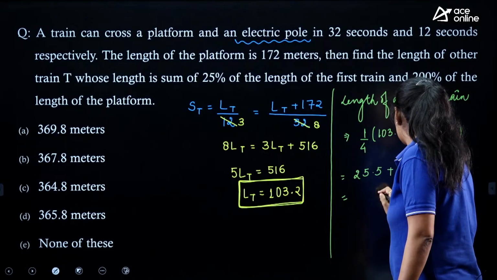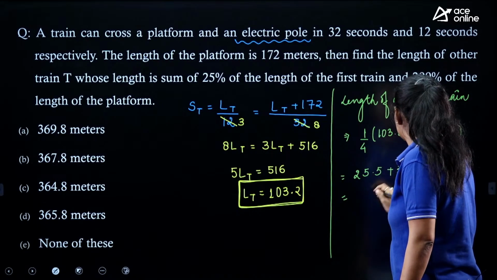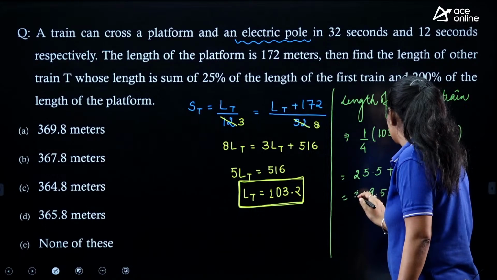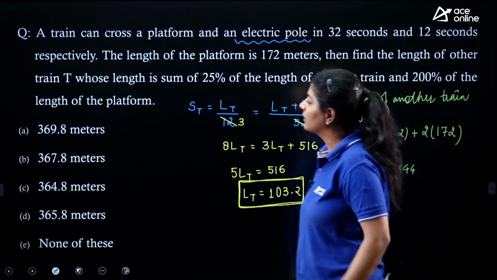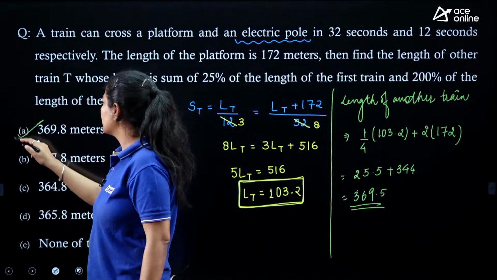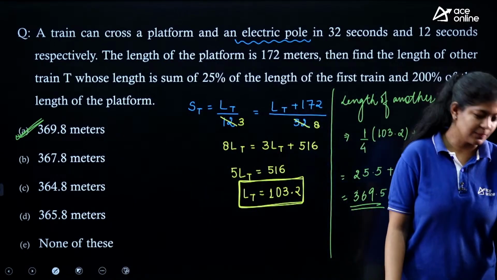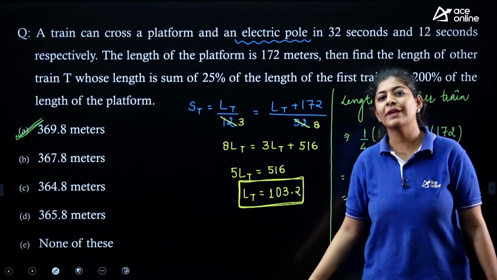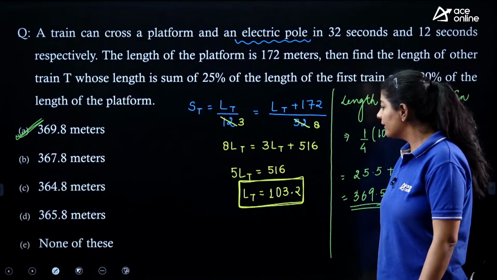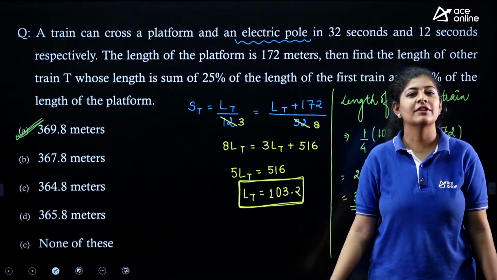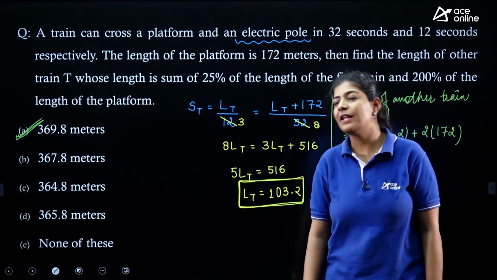And when we add it, we get 9, and here we have 369 point something. That means option number A is the correct one. This is a very simple question. We can easily solve it. All we need to do is a basic mathematical calculation, and after that we can easily get the answers.